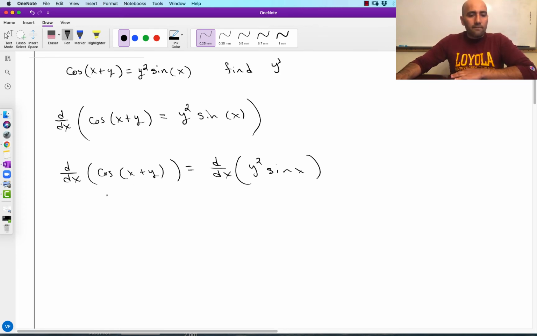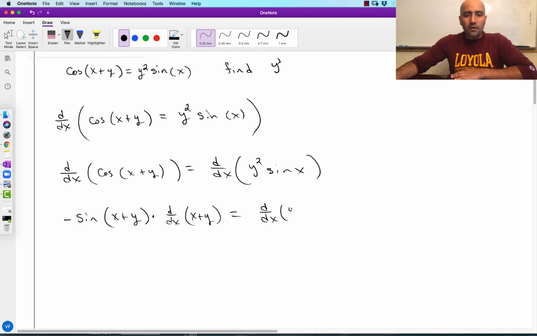Okay, so the derivative of cosine is going to be negative sine, so this would be negative sine of (x plus y) times the derivative of the inside part, so times d/dx of (x plus y), equals, and now here we have ourselves a little product rule. So it'll be the derivative with respect to x of y squared times sine x plus y squared times d/dx of sine x.